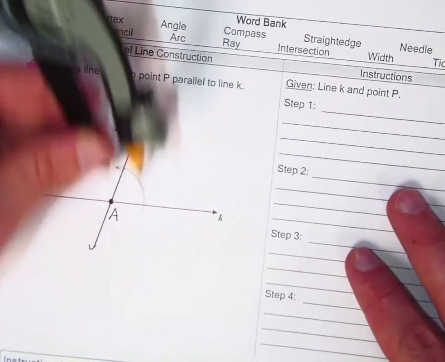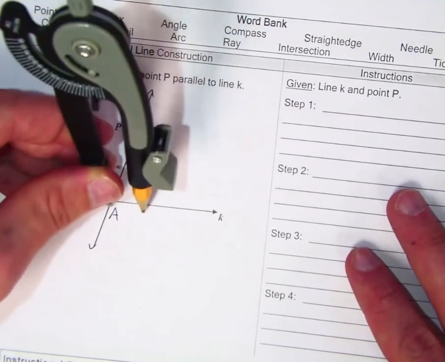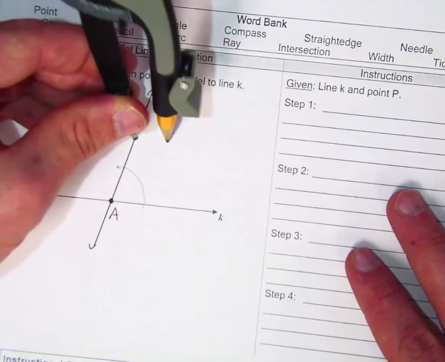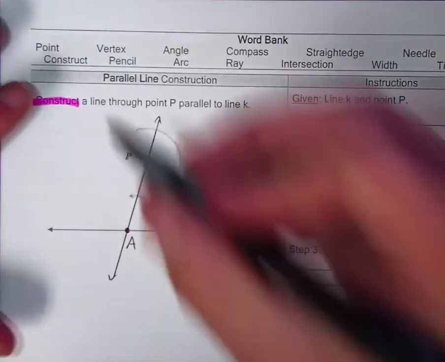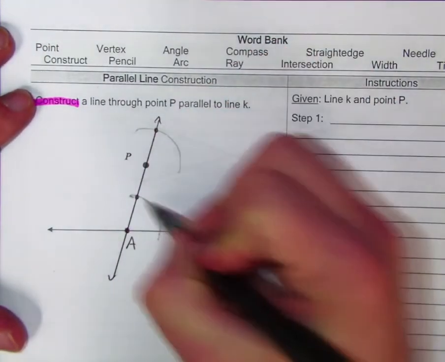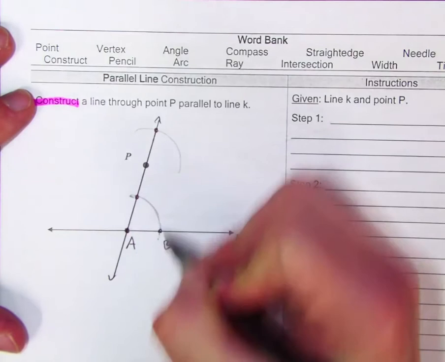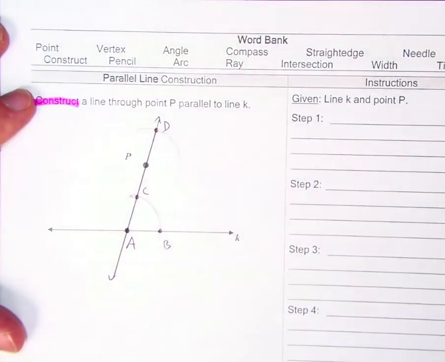Okay, I'm going to do that. And I'm going to keep the width when I come up here. Same thing. There we have it. Now I'm going to mark these little intersection points. I'm going to label them B, C, and D.